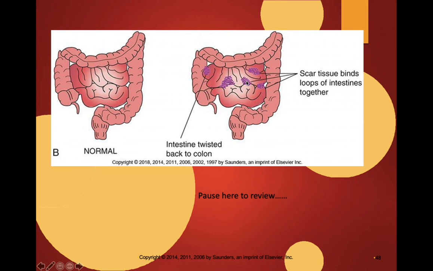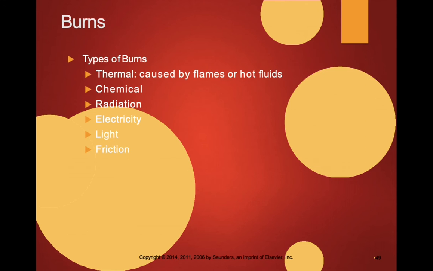Scar tissue can also twist and bind the colon, so it leads to improper digestion. It can also lead to constipation and the inability to eliminate toxins from the body. Types of burns.